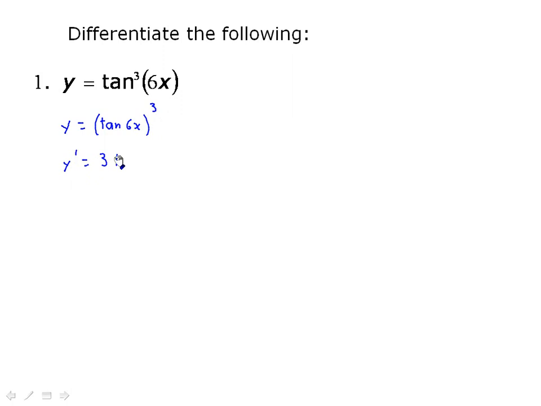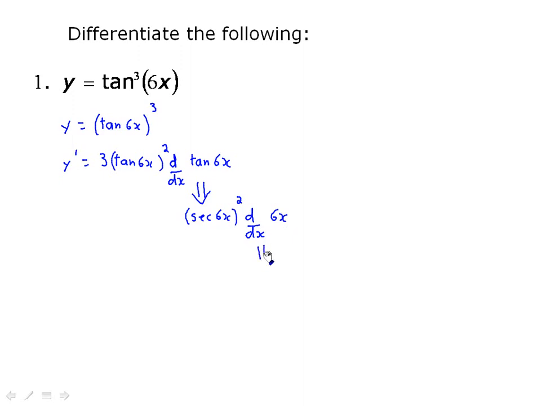So this becomes 3 times the tan of 6x to the 2 multiplied by the derivative of tan 6x. Now, the derivative of tan 6x, working down according to what we just learned, is equal to the secant of 6x squared. Now, I'll put it in a bracket form like this for now. But then we have to multiply it by the derivative of the inner, which is 6x.